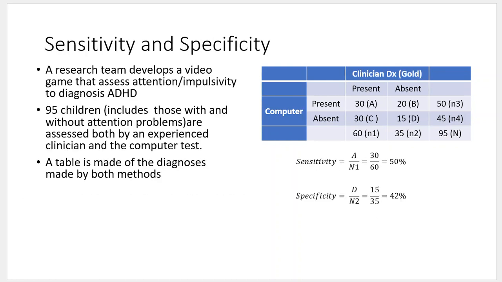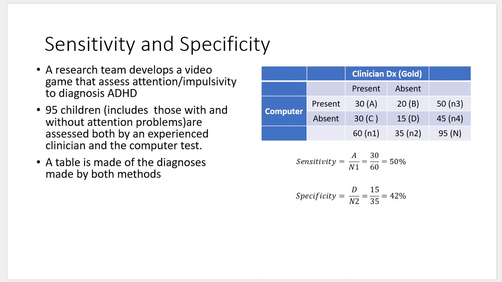All right. Now let's talk about a hoary old favorite, sensitivity and specificity. And this relates to how a test does against a gold standard. Again, it's a problem in psychiatry where we don't always have a lot of great gold standards. But let's say I'm a researcher and I developed a test, a video game, and this will diagnose ADHD.